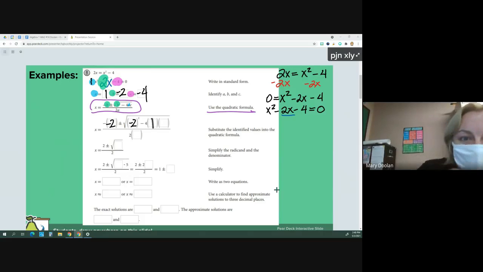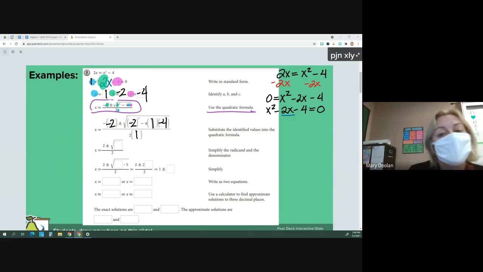Now we have another A down here. So I'm also going to have a 1 down here. And then the last letter I need to replace is C. C is -4. I'll put -4 in that box. Okay.